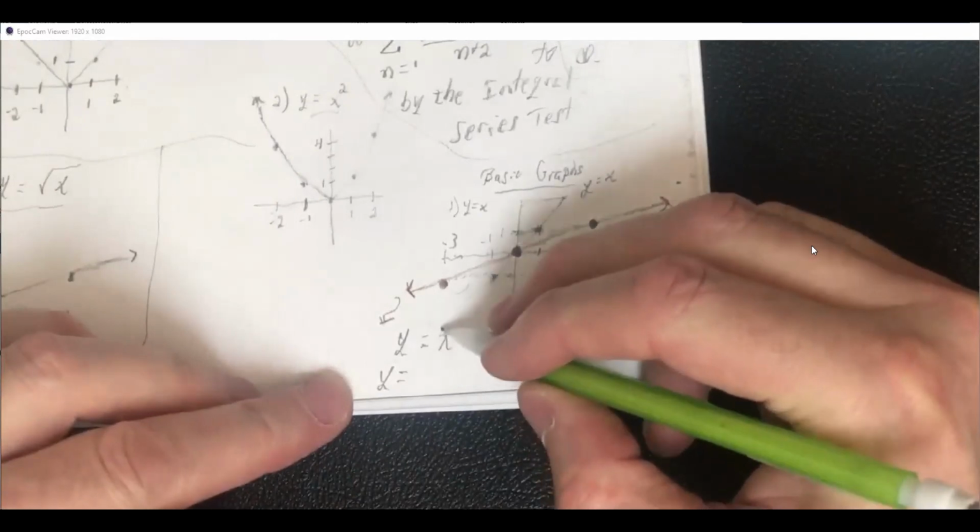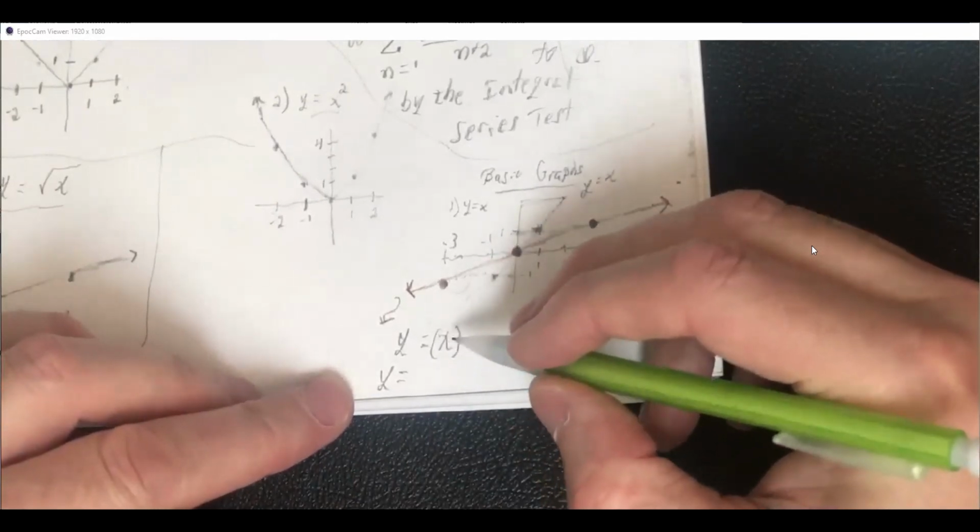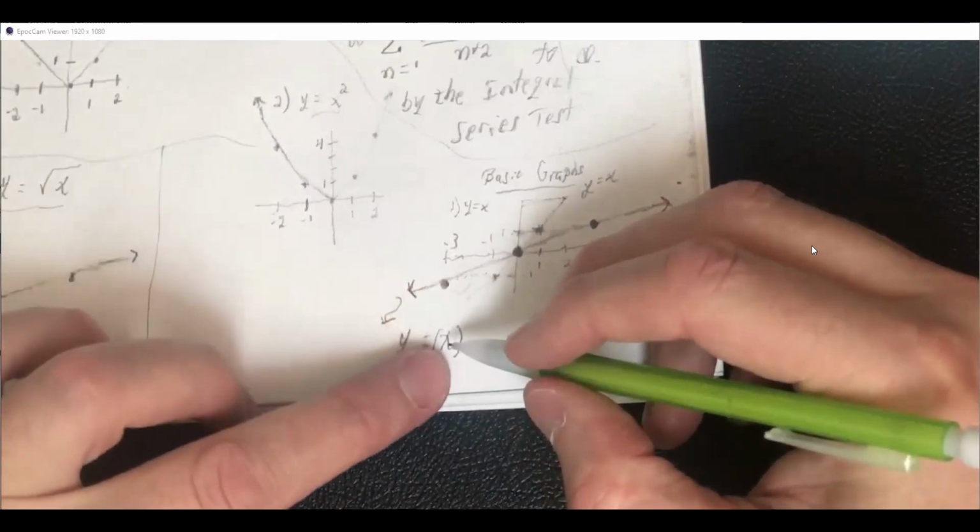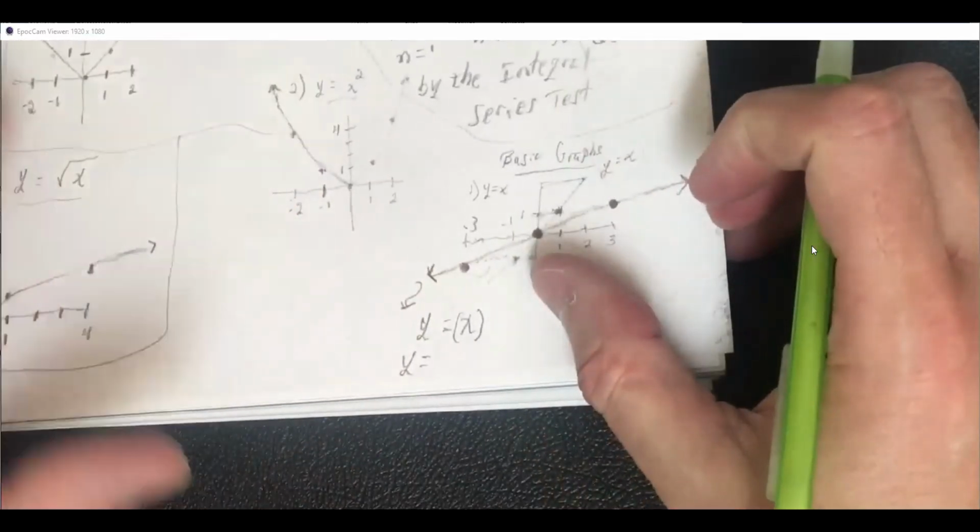So what you do in that case is, and this one's a little strange because all it is is y equals x, versus these other ones, it'll seem different.